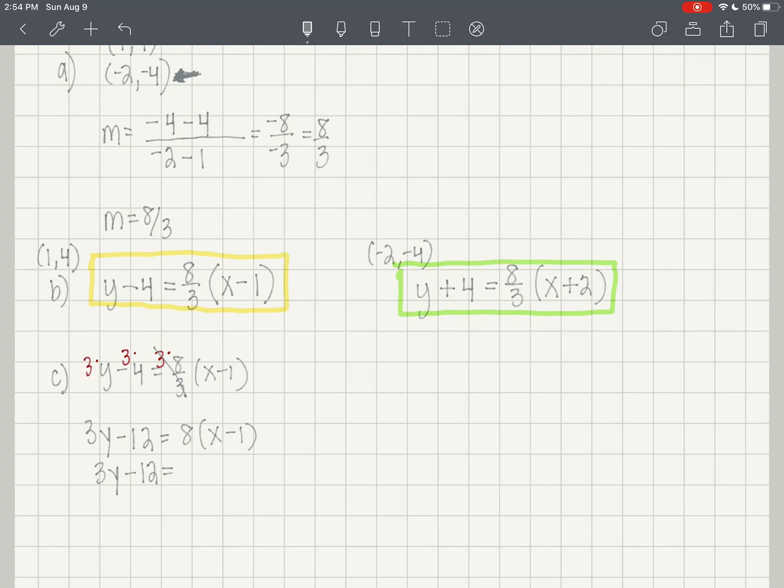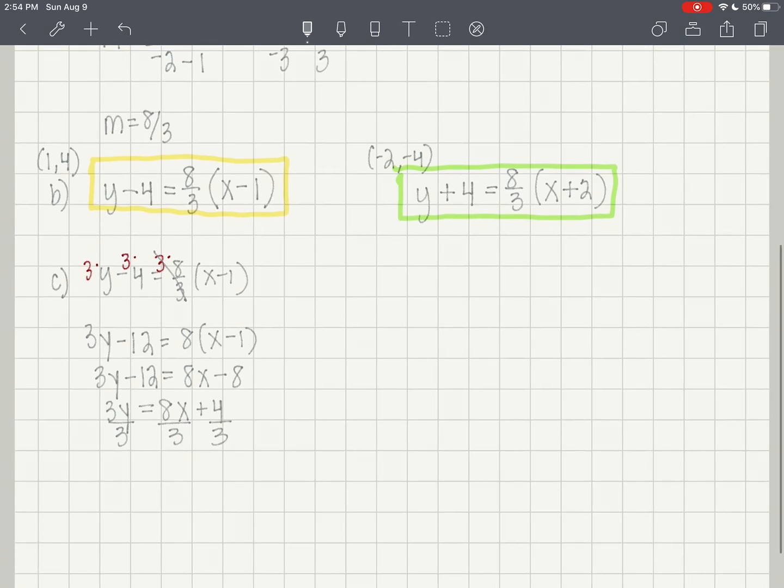We're just temporarily getting rid of that fraction. I'm going to distribute the 8, and eventually I'll bring that fraction back when I divide by 3. 8x, when I add 12, I get plus 4. Divide by 3, and we get y equals 8/3 x. Well, that's our slope. So we know we're doing okay so far, plus 4/3.